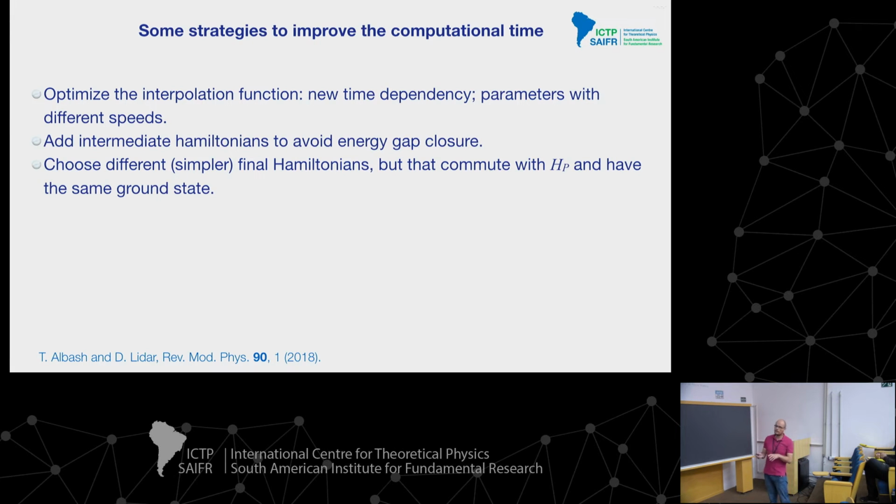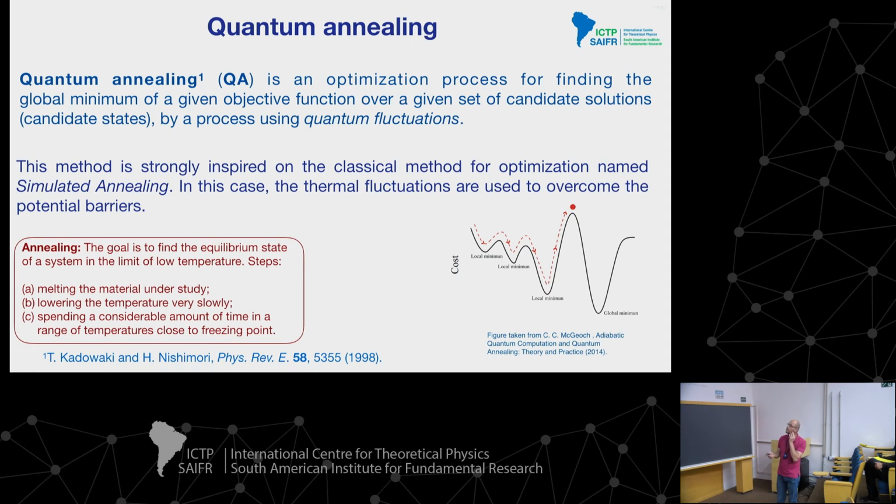The idea is to put these intermediate Hamiltonians to avoid the closing of the gap. And sometimes it's possible, but not easy, to find final Hamiltonians that commute with H_P but are much simpler to implement than the usual final Hamiltonian. Okay, this is the basics of adiabatic quantum computation.